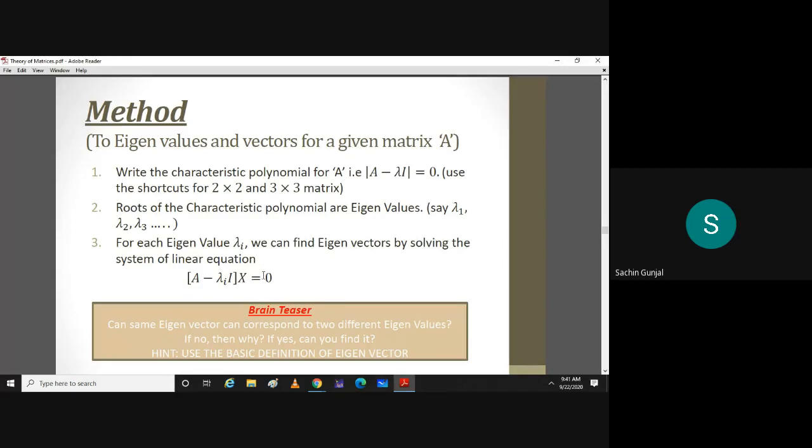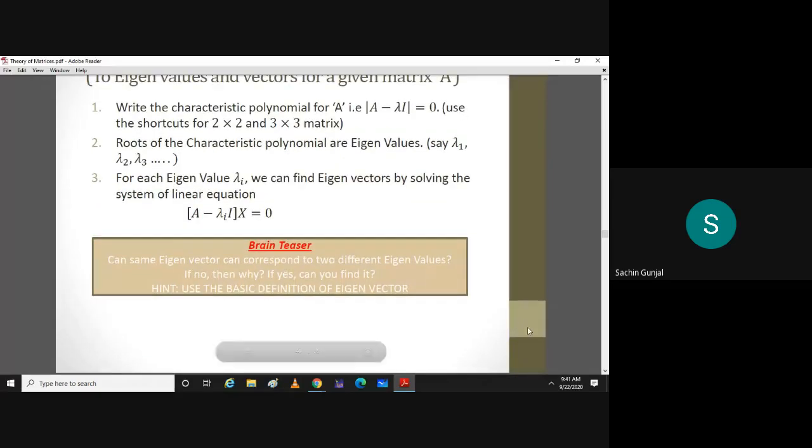You solve this system and you will get the corresponding eigenvector capital X, which is of the form small x1, x2, x3.